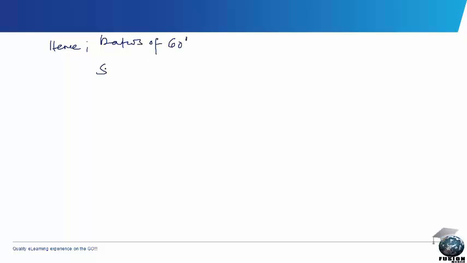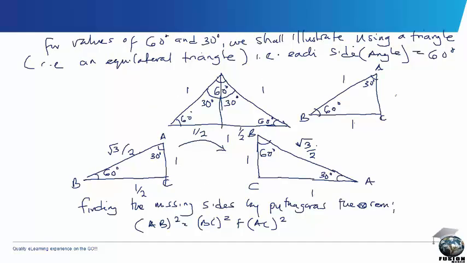For sine theta, where theta is equal to 60 degrees, sine 60 degrees is opposite over hypotenuse, which is equal to the opposite side, which is AC, and the hypotenuse side is AB.